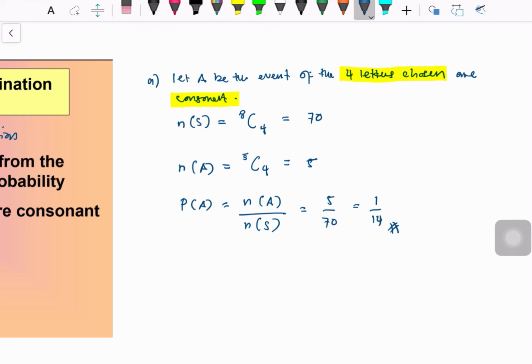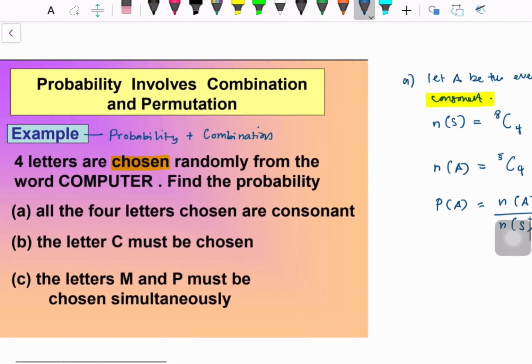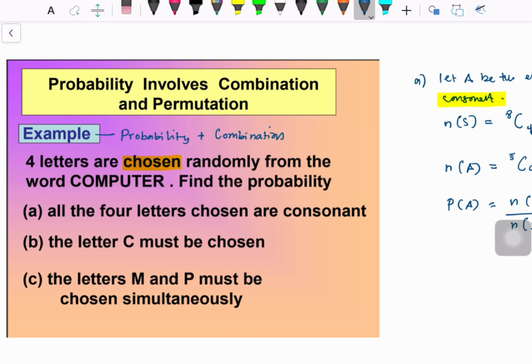Now let's continue with B. We have to find the probability that the letter C must be chosen. So now we have a condition where C must be chosen. If C must be chosen, the place for C is already selected, and then we have 3 letters left to choose from the letters of COMPUTER.